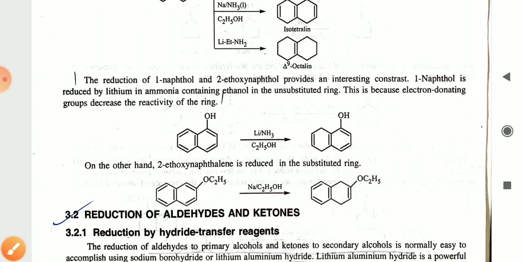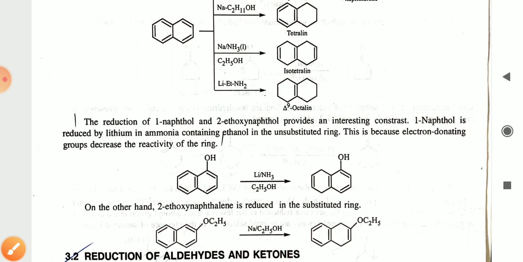So the reduction of 1-methoxynaphthalene and 2-methoxynaphthalene provides an interesting contrast. 1-methoxynaphthalene is reduced by lithium in ammonia containing ethanol in the unsubstituted ring, and this is because the electron donating group decreases the reactivity of the ring.